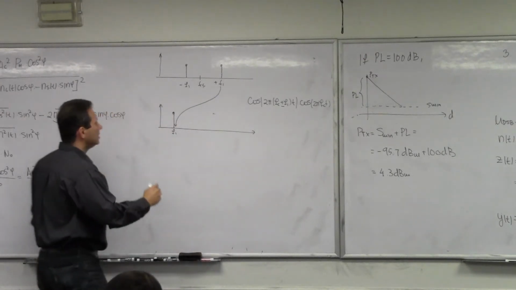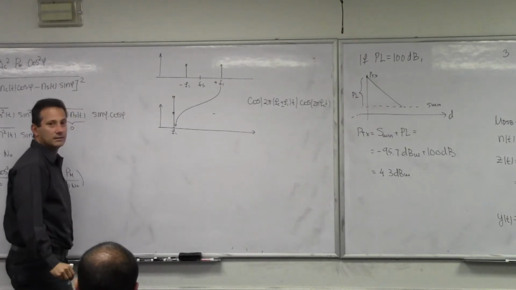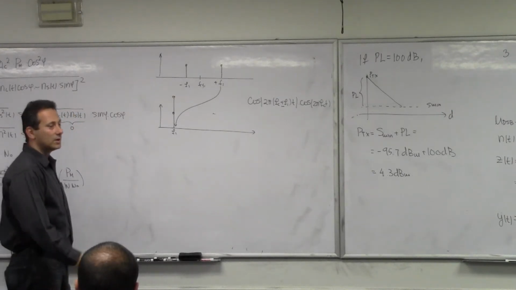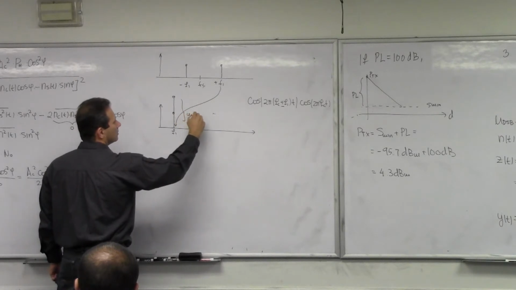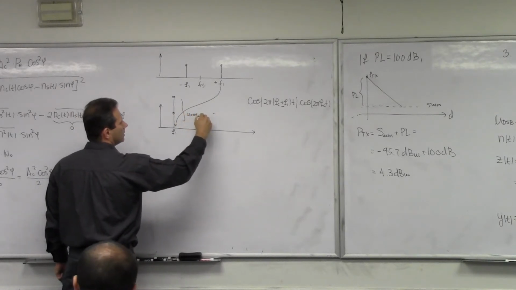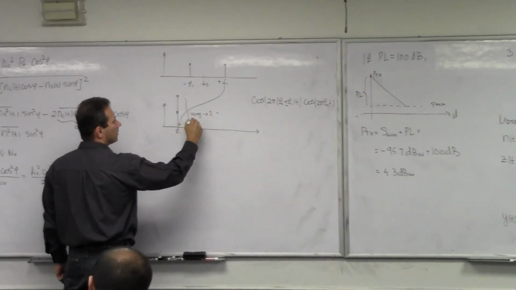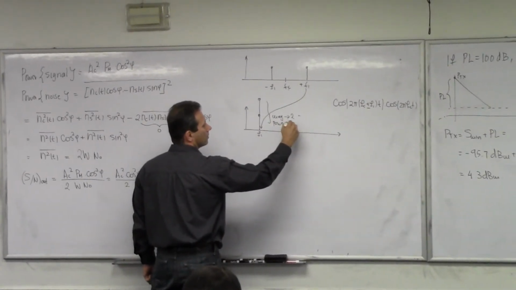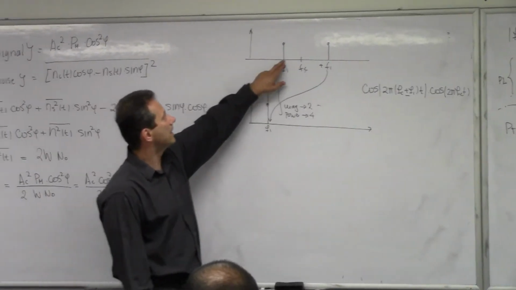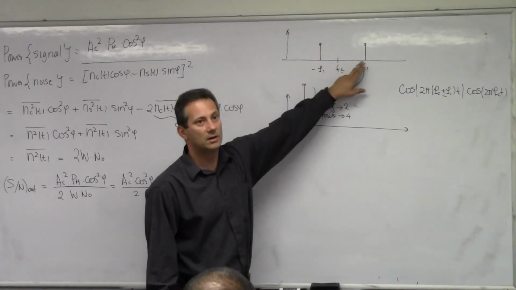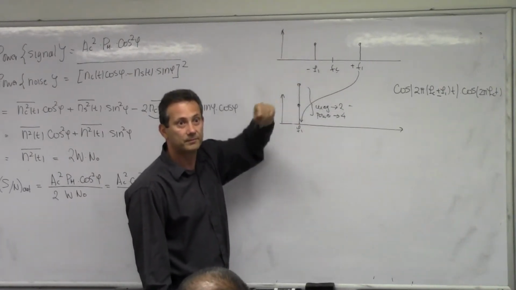So these 2 guys add, and the magnitude is multiplied by twice. Power goes up by 4. If this is the magnitude of 1, and this is the magnitude of 1, this is the magnitude of 2, therefore the power is 4. Okay?